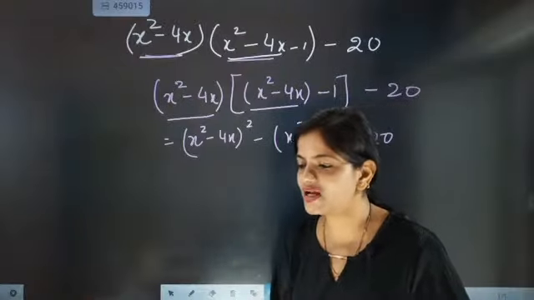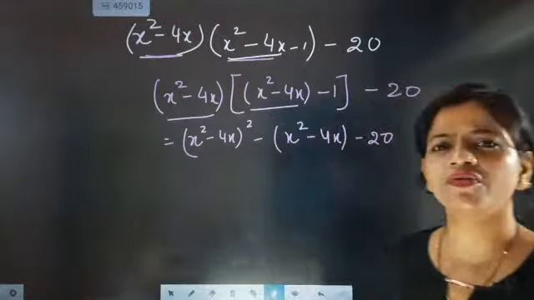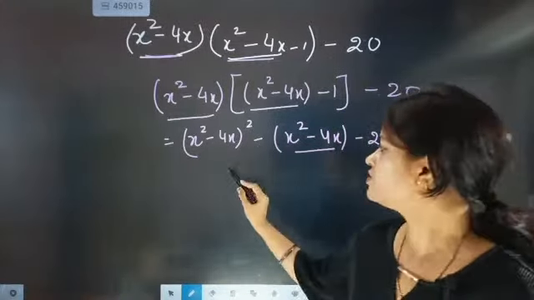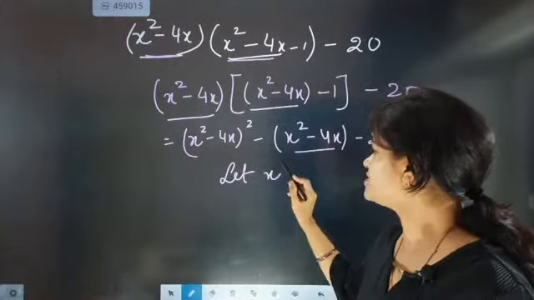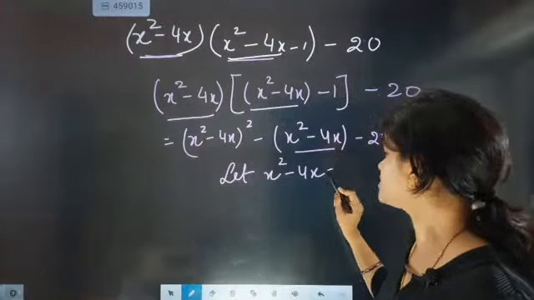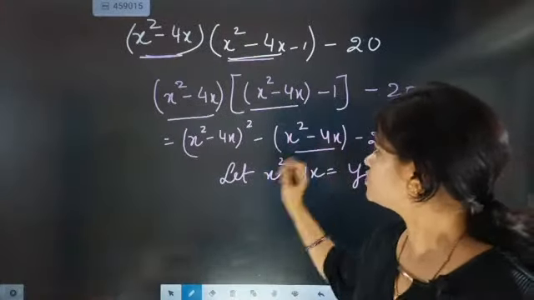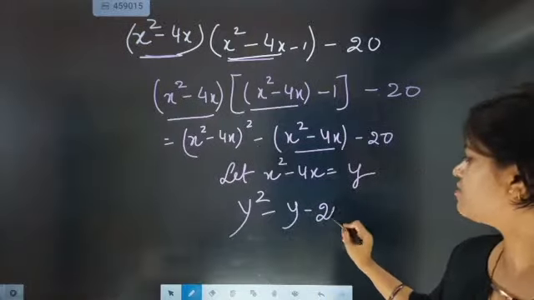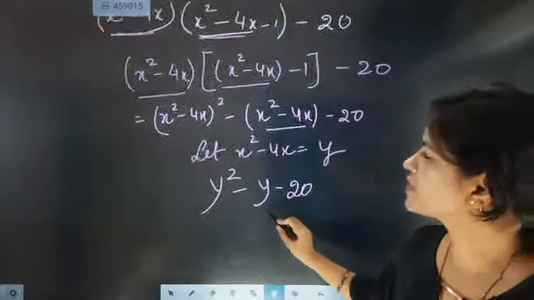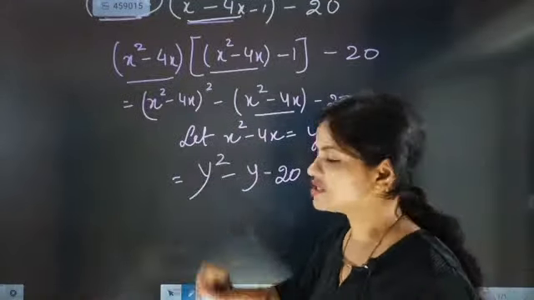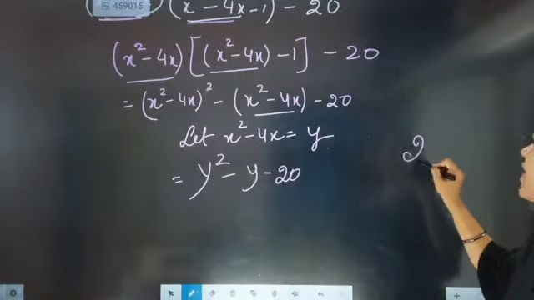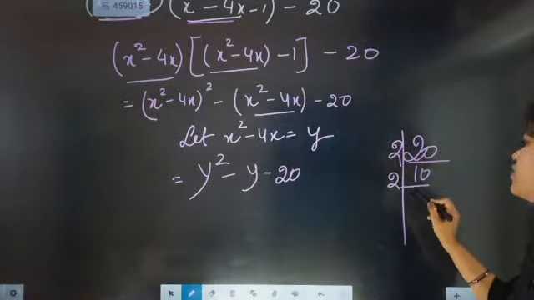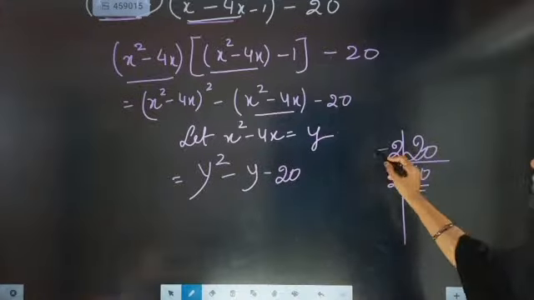Once you have done like this, you will be able to solve it in no time, because now let x square minus 4x be equal to y. So this one will become y square minus y minus 20. Now find the factors of 20. Factors of 20 are 2, 10, 2, 5, so that means 5 and 4 is coming.